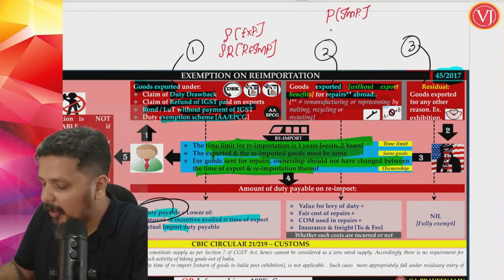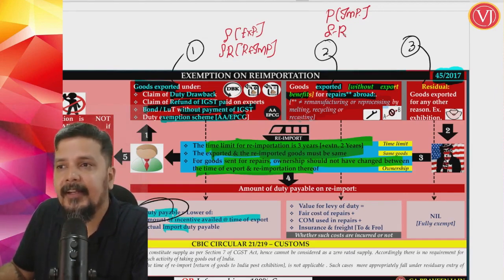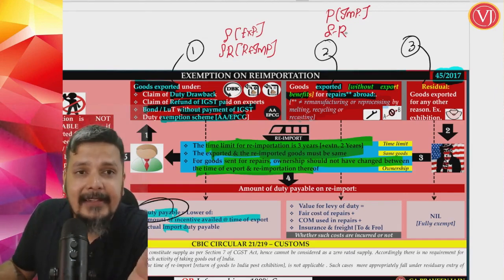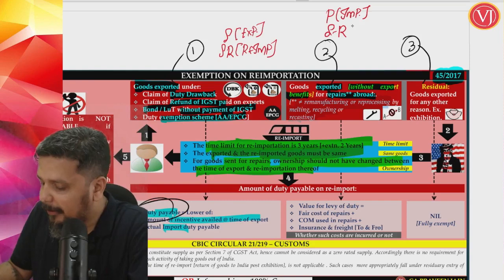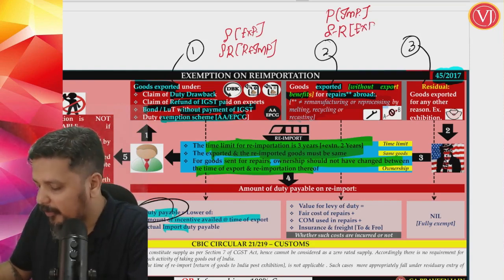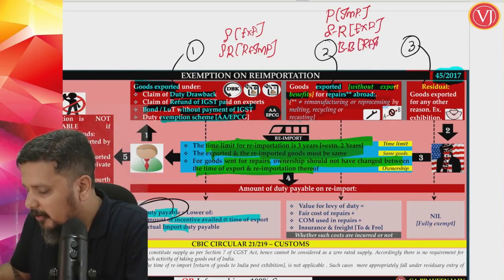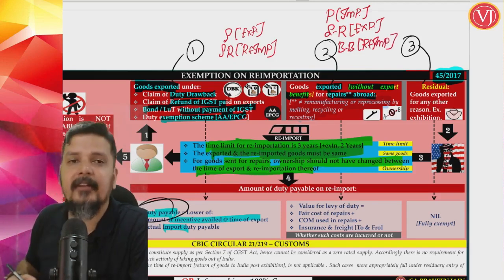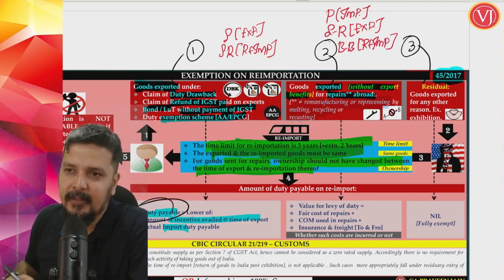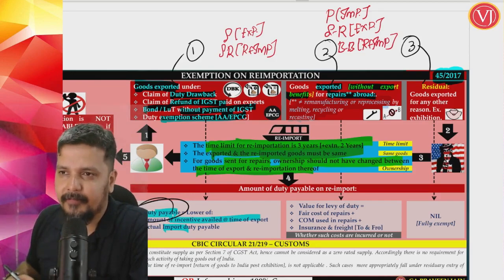Now you are sending the goods for repairs, not selling them, which is re-exportation. And again you will be bringing back the goods, where there is re-importation.